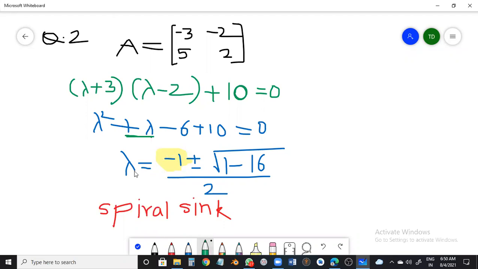So we use the formula lambda is equal to minus 1 plus minus under root 1 minus 4 times 4. So that gave you 16 upon 2. So alpha is minus 1 by 2. So it being negative, you have written it to be a spiral sink. Is it clear?